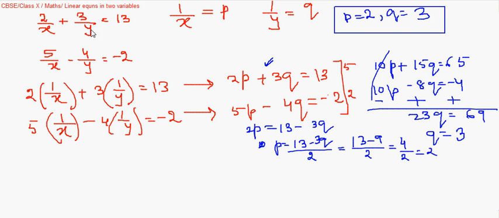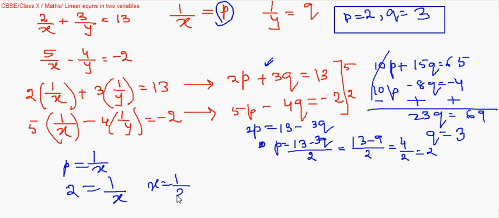Because we have to solve for x and y and not for p and q, let us substitute again, since we had assumed p to be 1 upon x. So p was 2 equals 1 by x, so we get x equals 1 by 2.